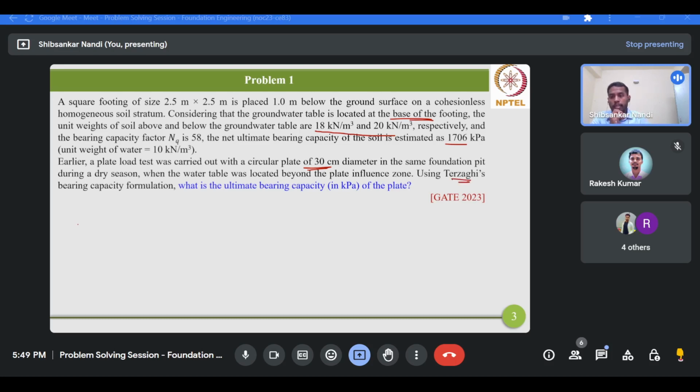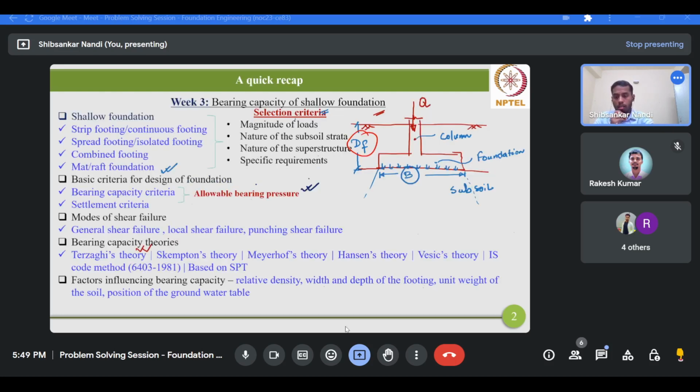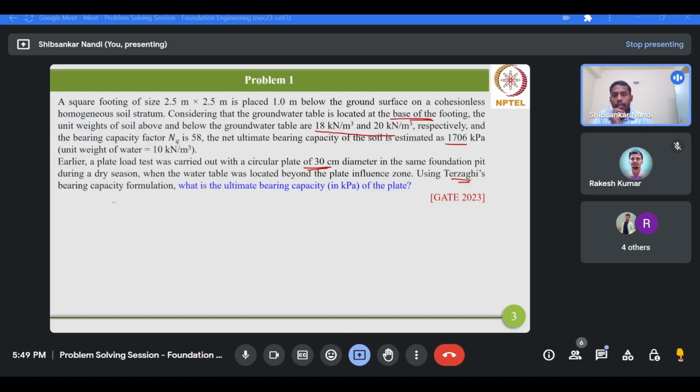Now for Terzaghi's bearing capacity theory, as you know, this theory is primarily derived for a strip footing, a long continuous strip footing.